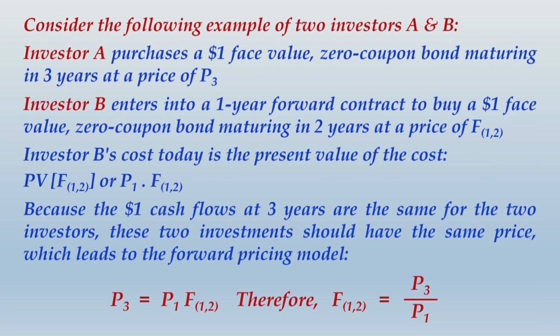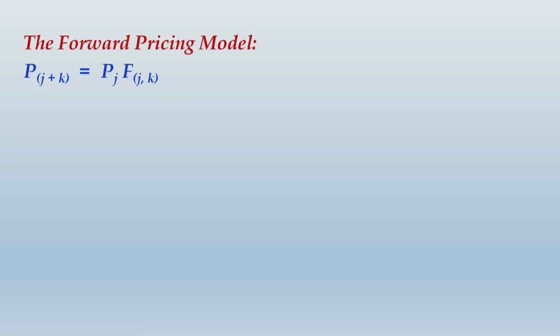Let us move ahead and conclude the forward pricing model. So please carefully understand this part as well. As per what we have discussed through that example, Pj+k will be equal to Pj into Fj,k. Correct? Look at this. This was P3 in our example.